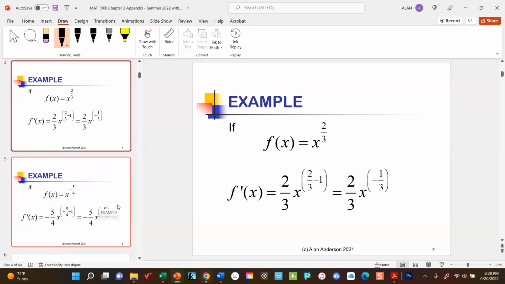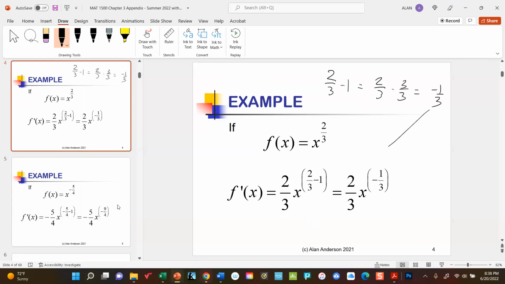And of course, 2/3 minus 1, very simply, can be written as 2/3 minus 3/3, which leaves us with minus 1/3. So it's not hard at all. But it's good to know that this applies to fractions as well.